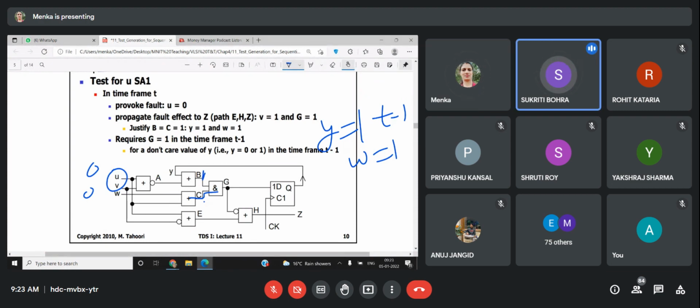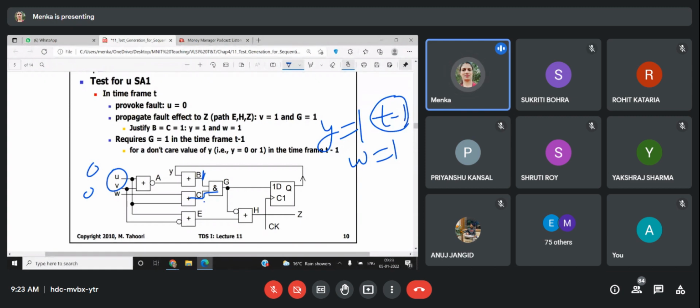Ma'am, we wanted to propagate the fault through the path CGH. So how can we take the line C as equal to W equal to 1? Mm, this is in the t minus 1 time frame, because in the t minus 1 time frame we need to set the value of y.